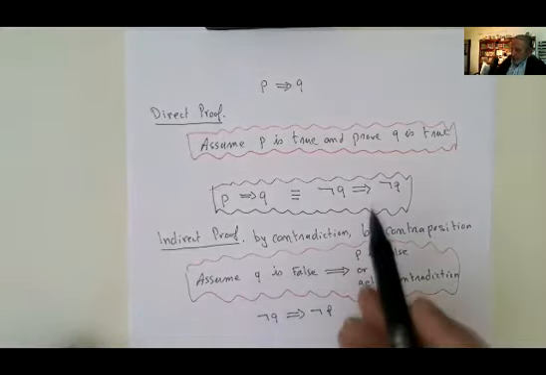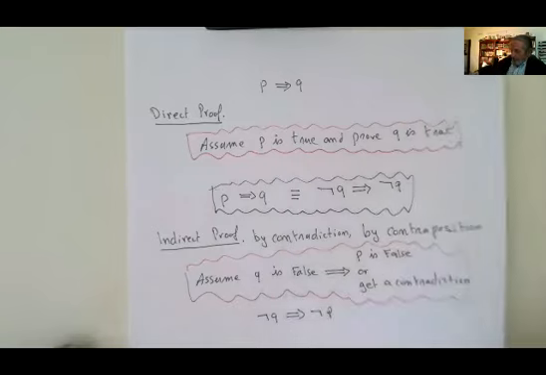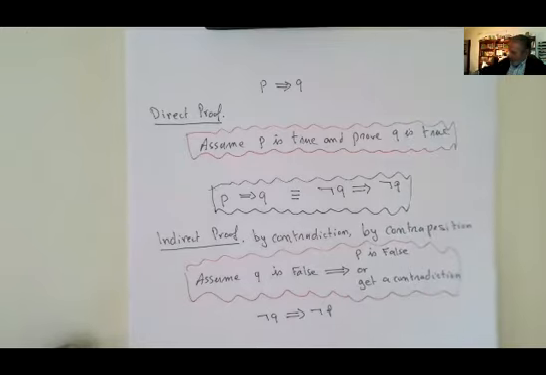So you want to prove Q is true to begin with. So you say, what if not Q is true, which means Q is false? And then what happens to P and not P? So let's take a few examples to explain this.